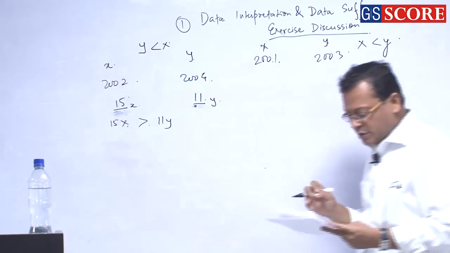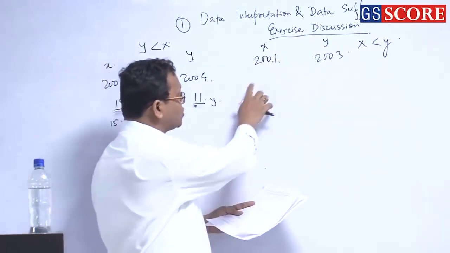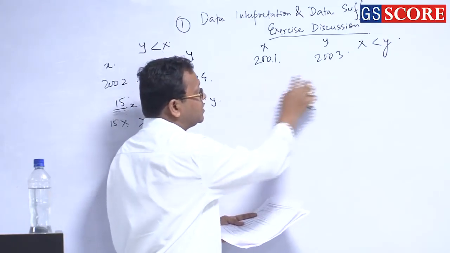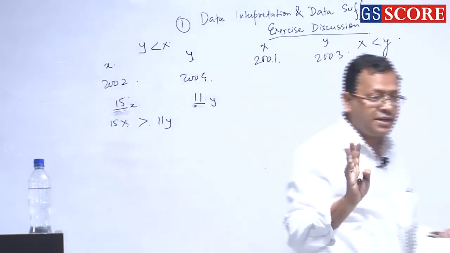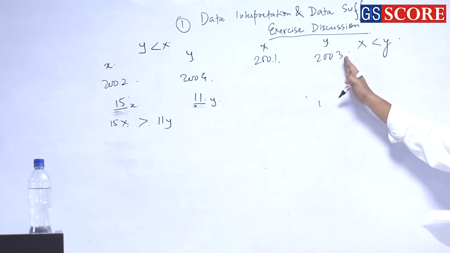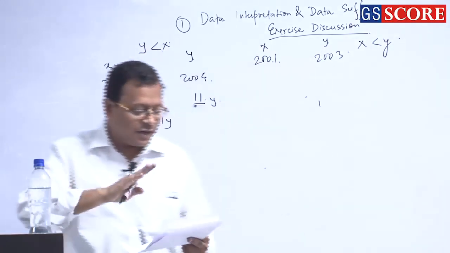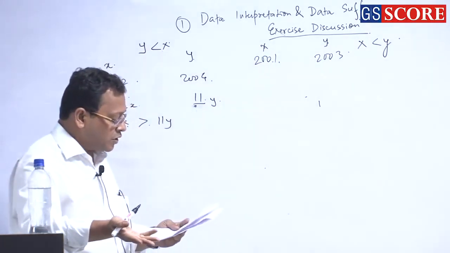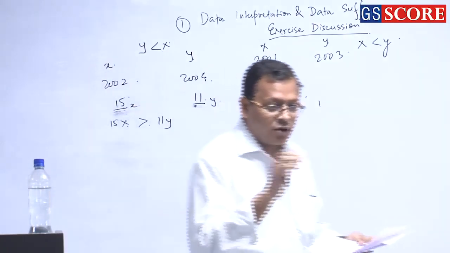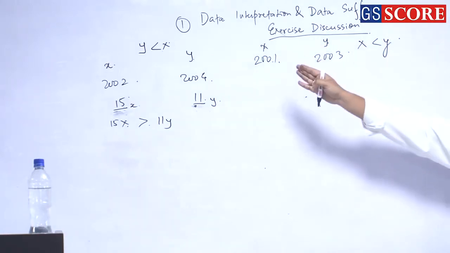So the number of continents in which sales increased from 2001 to 2003, we can say those continents whose percentages are increasing from this to this, the sales definitely increased. Even if the percentage would have been the same, the sales would have definitely increased. That's what I am saying. So even if in a new data set you find that say South America 2001 is 4% and 2003 would have been 4% as well, then also the sales would have increased. Why? Because 4% on a higher base, 4% on a lower base, right?